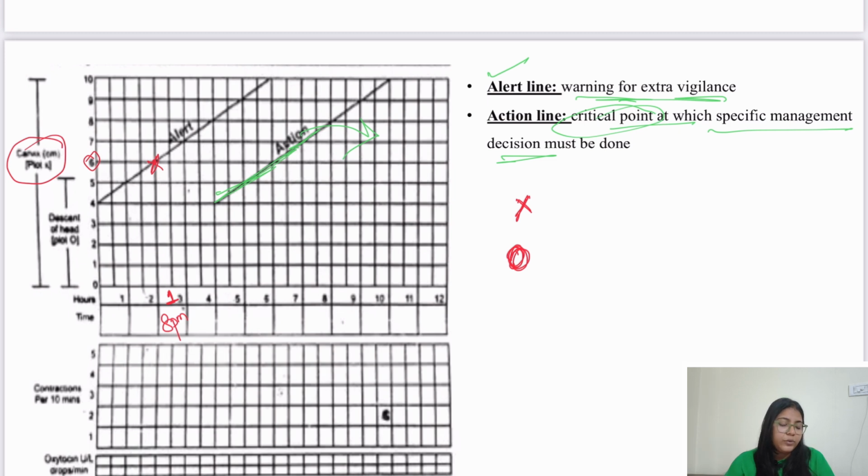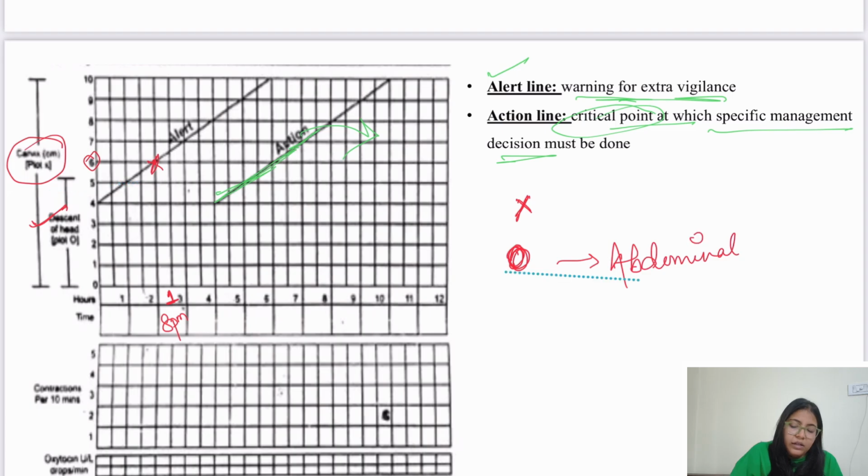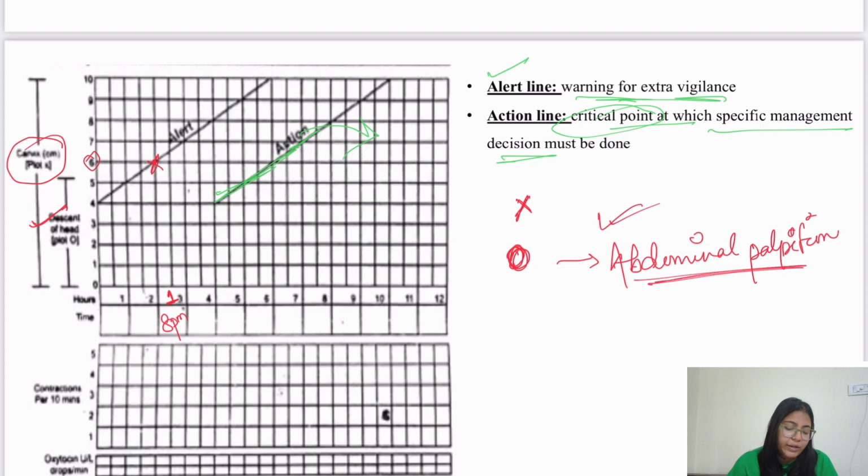So descent of head you make out by abdominal palpation. And it is a confusion sometimes whether descent of head we plot by the station from vaginal examination, but it is by abdominal palpation. Okay, sometimes I also forget it, but it is by abdominal palpation.